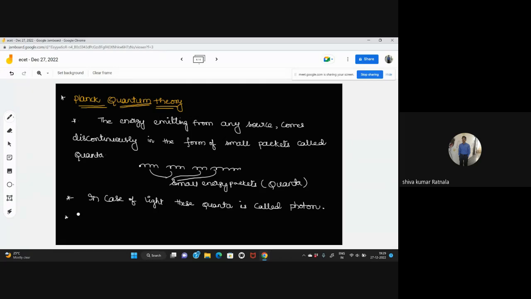And next, the energy of the photon is directly proportional to frequency.